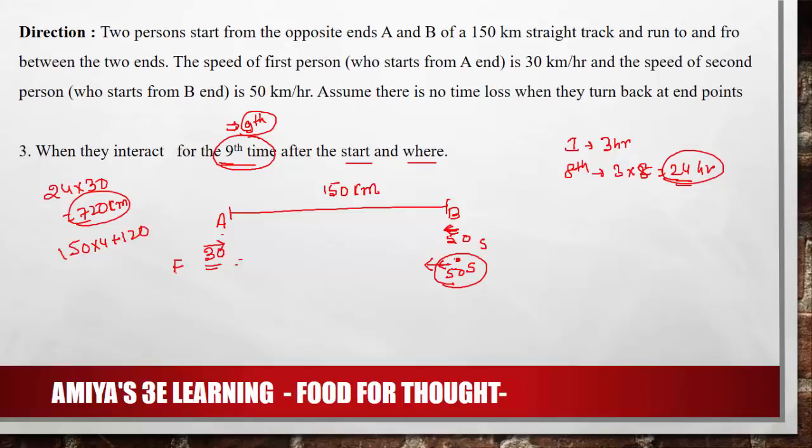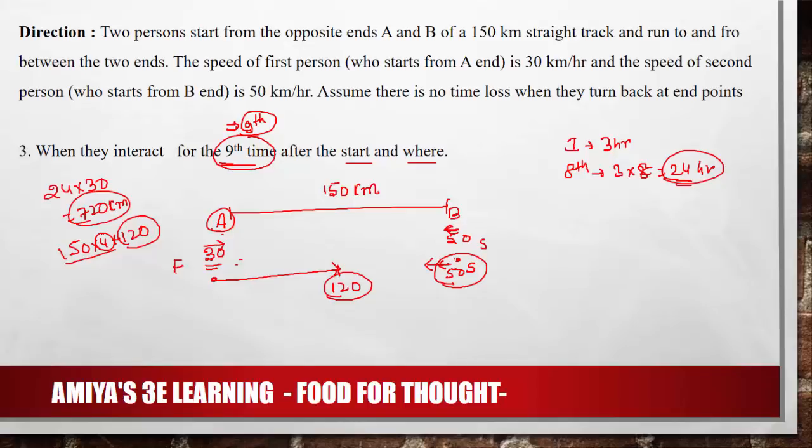What does it mean? It means 4 rounds of the slower one plus 120 extra. The 4 is an even number. So after 4 rounds plus 120, the slower person is 120 kilometers away from point A. Now we got the 8th round position.